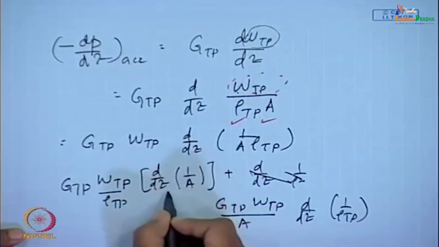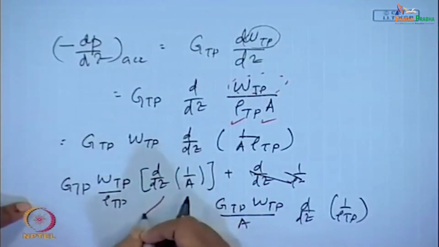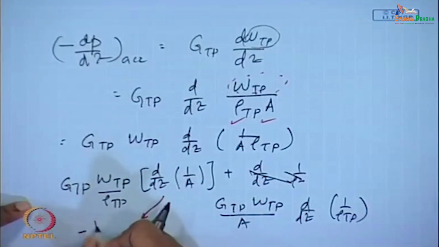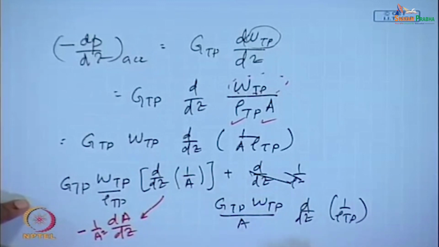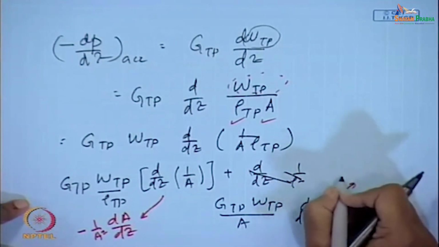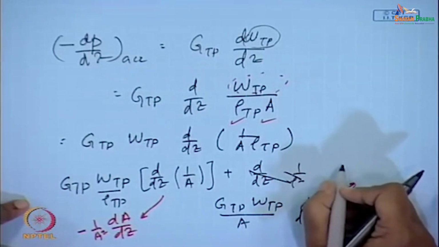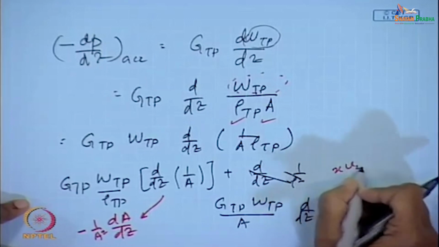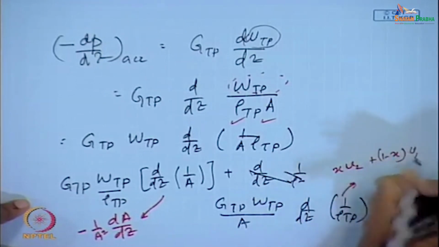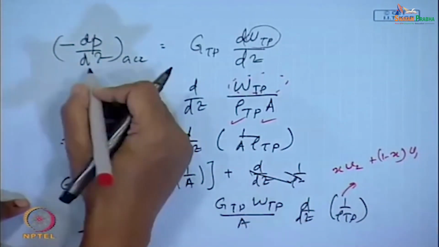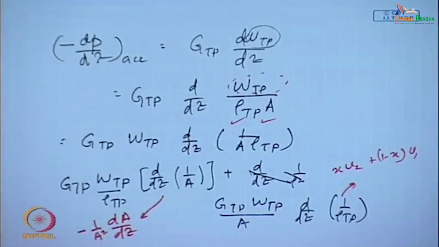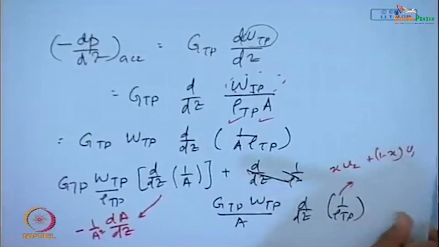Agreed? Now, d dz of 1 by A is nothing but minus 1 by A square dA dz, right. So, this we can substitute here, and how can we write 1 by rho Tp? This is nothing but equal to Vtp, so this can be written as x V2 plus 1 minus x V1, yes or no? So, we can substitute them and then we can get an actual expression of acceleration pressure gradient. Do it and then let us see what you are going to get.